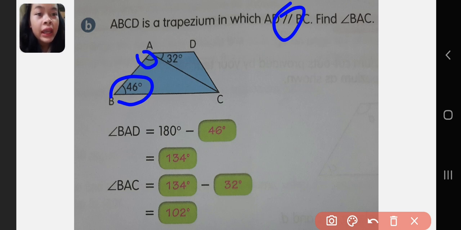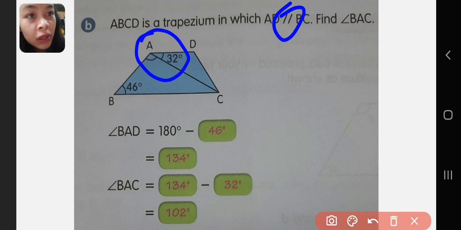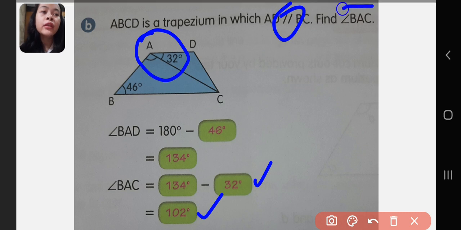So BAD equals 134 degrees, which is inclusive of 32. So 134 already includes 32. So BAC equals 134 minus 32 equals 102. That is BAC.